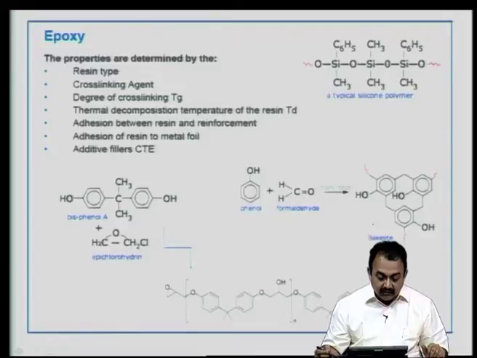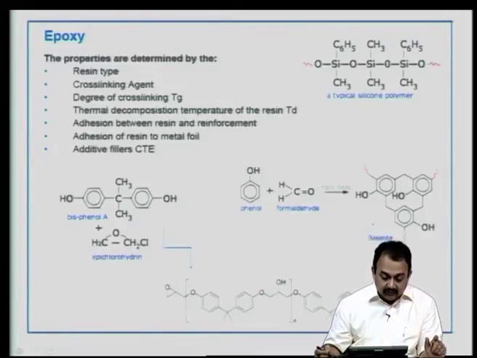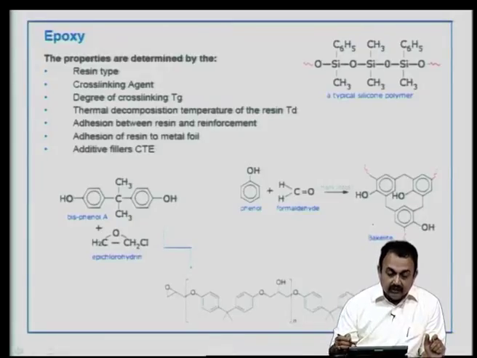For example, in an epoxy, the properties are determined by the resin type and the cross-linking agent. The degree of cross-linking will determine the TG of the total system. You are also worried about the thermal decomposition temperature of the resin, TD. TD is different from TG.